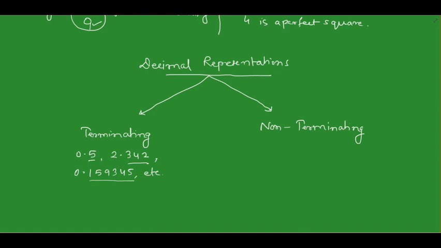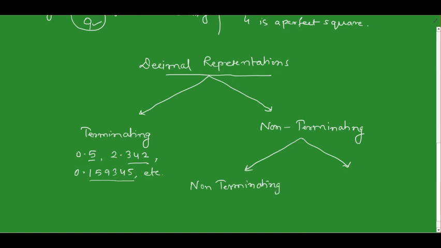Non-terminating. In non-terminating, again we have two types of decimal representations. One is non-terminating repeating. This type is also known as recurring, reoccurring, meaning it repeats again and again.